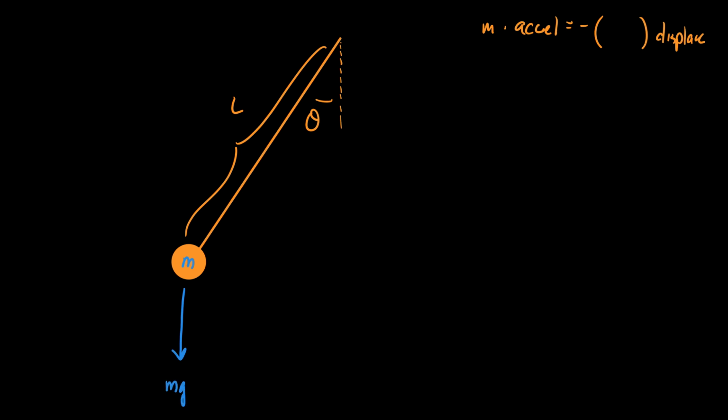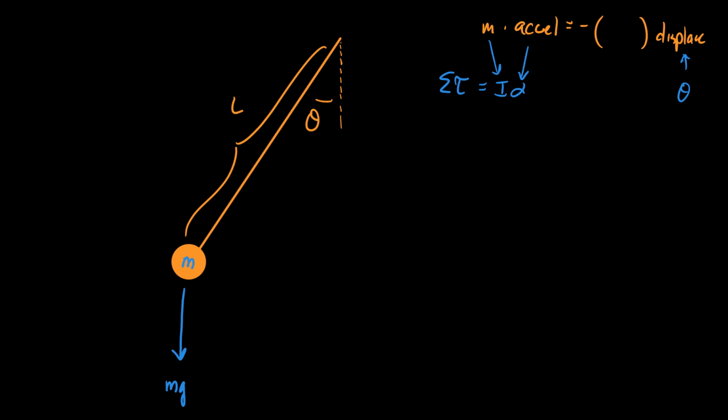I'm going to choose for you. We're going to approach the problem as a net torque equals I alpha problem. So our accelerations are going to be angular accelerations. Our mass is going to be the moment of inertia, and our displacement will be theta. That okay with everybody so far?